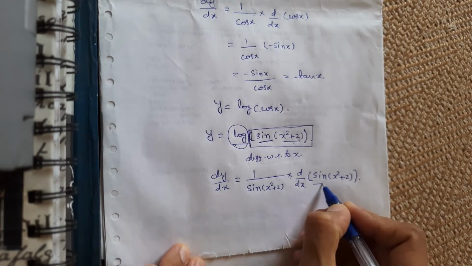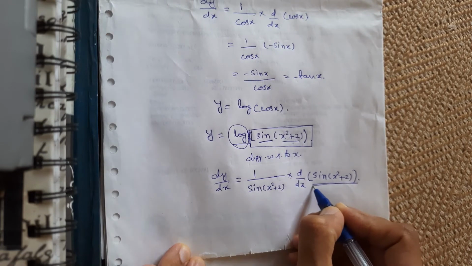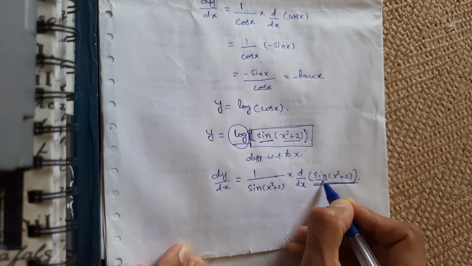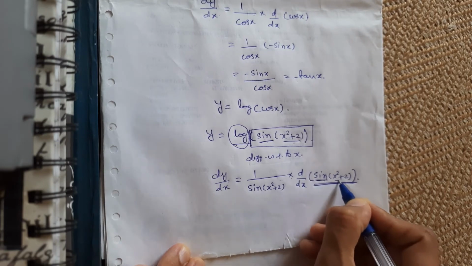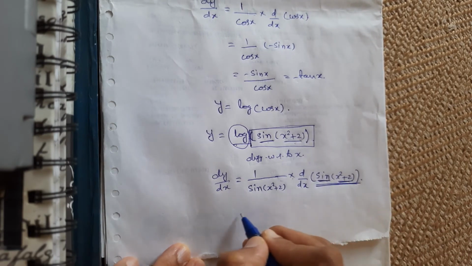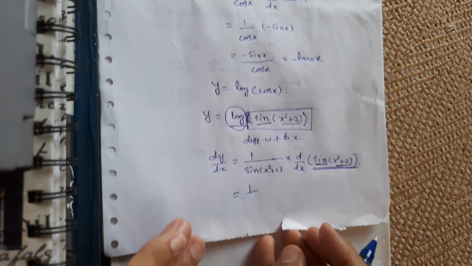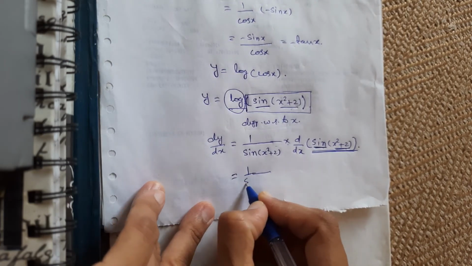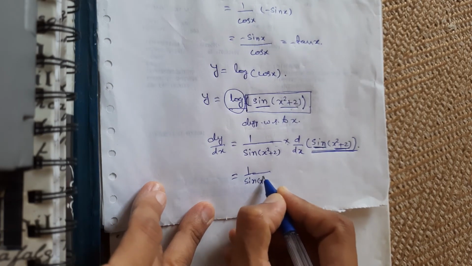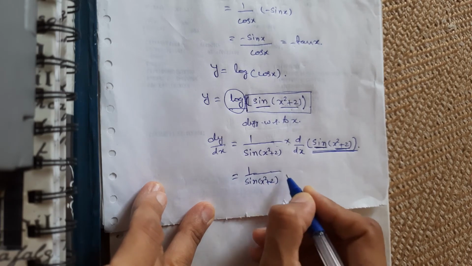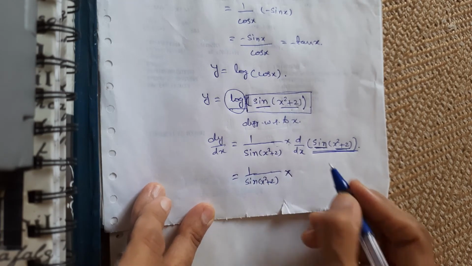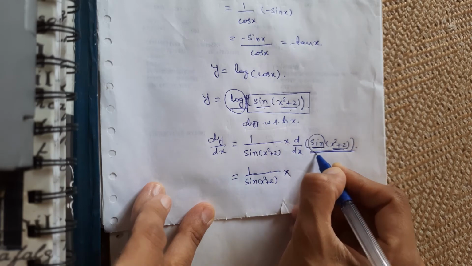Now here again I need to apply chain rule, because I have two functions. My outer function is the sine function here, and this is my inner function. So what do I get? 1 upon sin of x square plus 2 multiplied by, now what is the derivative of sin x?